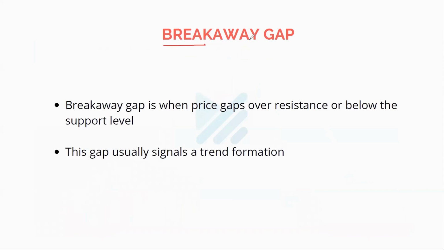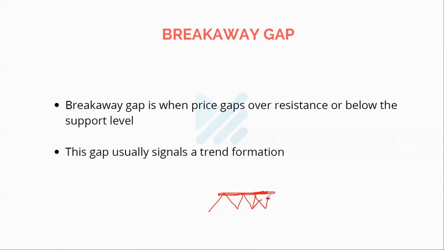As the name says, breakaway gap means it is breaking something. It could be a resistance level or it could be a support level, but it is breaking a certain level. For example, let's say a stock is trying to break a particular level. It tried multiple times, but it could not break it. But on one particular day, let's say price is trading somewhere over here.